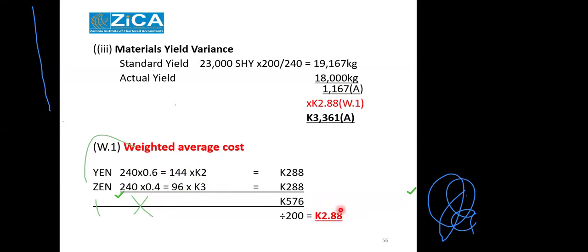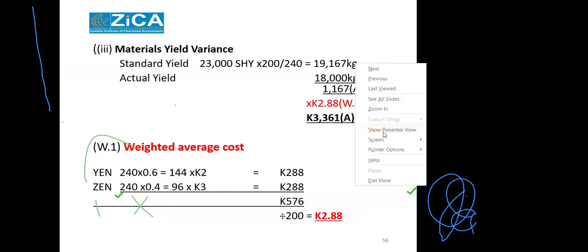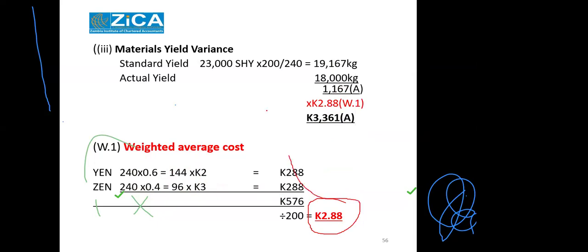And that is the figure that you bring here and multiply by this. 1,167 times 2.88. This is 3,361 kwacha adverse. Okay.